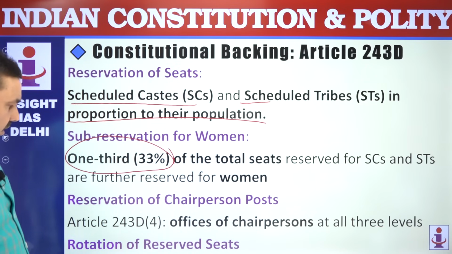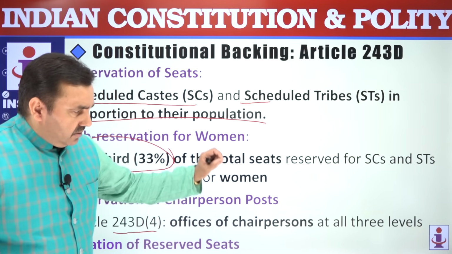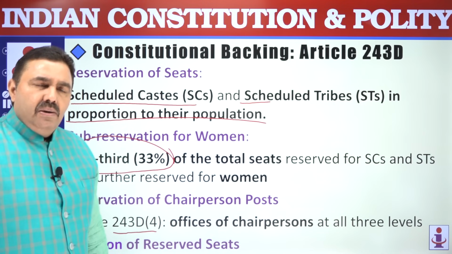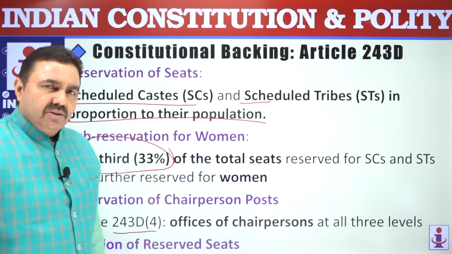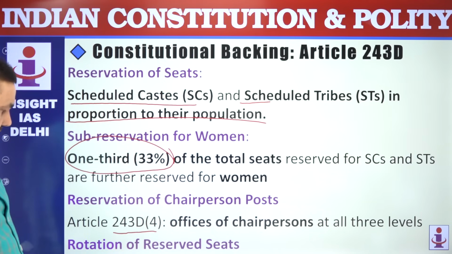So Article 243D Clause 4 says offices of chairperson at all the three levels, village, block and the district, have to be reserved in accordance with the ratio of the population for SC/STs.